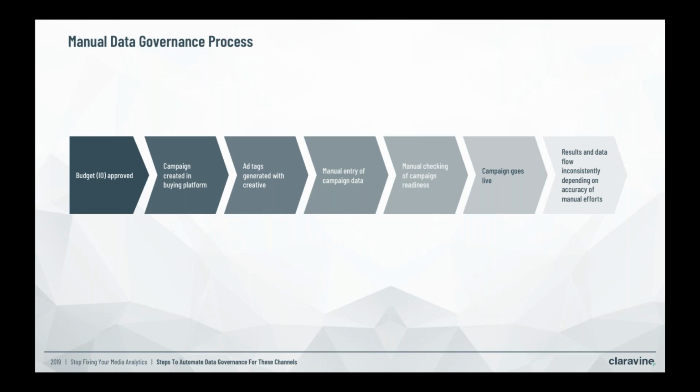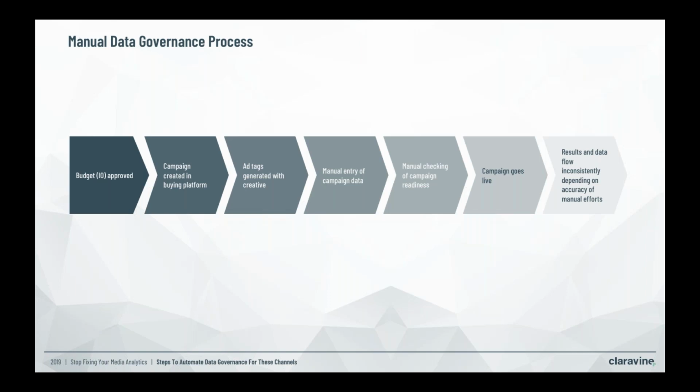Then the campaign might start getting created in the platform where it will ultimately get executed. The creative gets developed, tracking codes get appended to that, and the campaign entry may be manual or there may be some sort of bulk upload involved, but generally there's a person involved at that step.